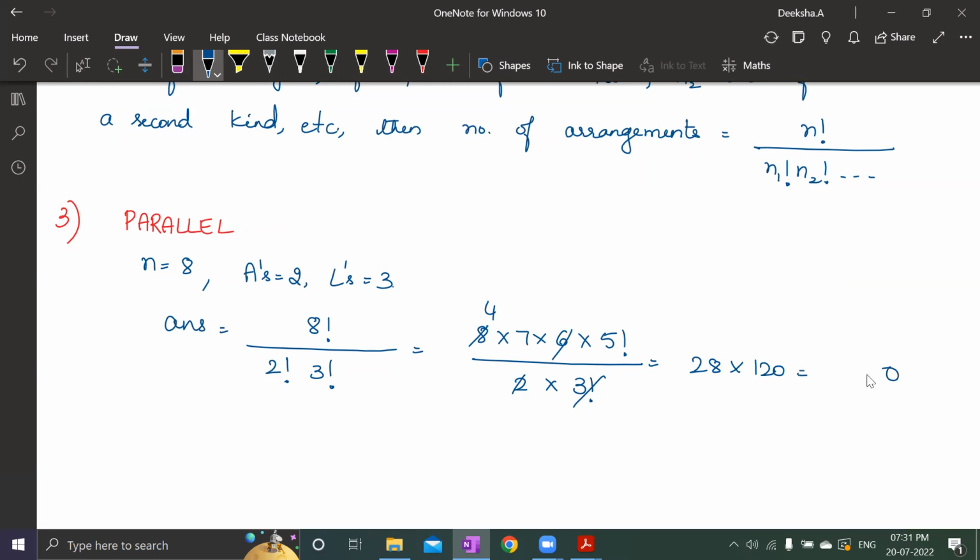That gives you, 12 eights are 96, 12 twos are 24, plus 9 is 33. So 3360 is the answer. Understood? Whatever is repeated, all that individually you have to count, and in the denominator, you write all those factorials.